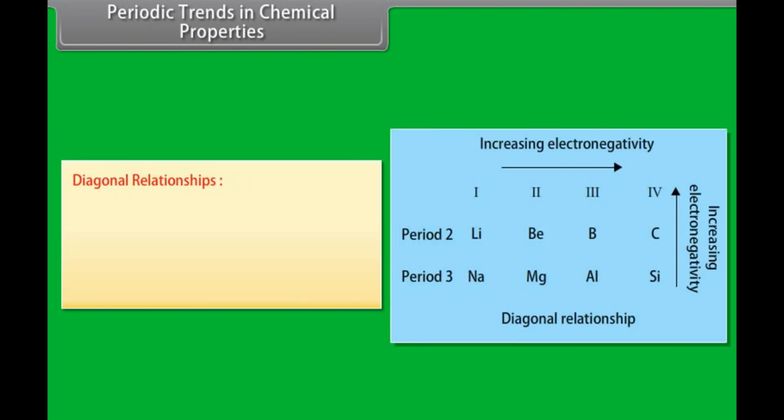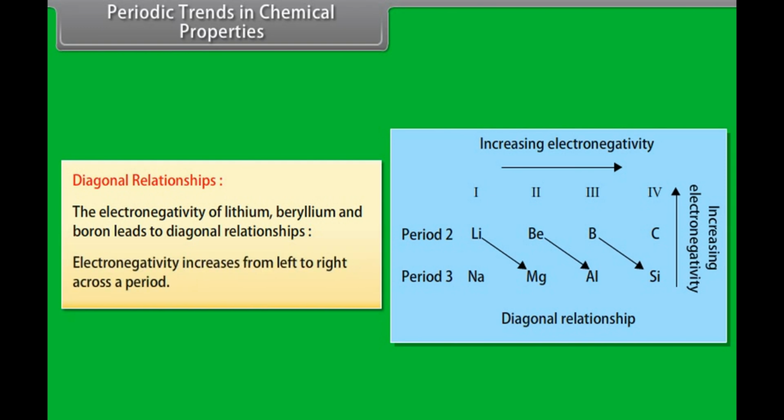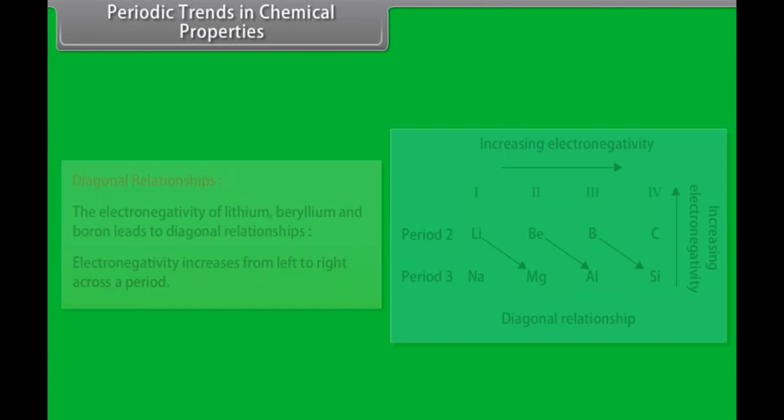Diagonal relationships. The electronegativity of lithium, beryllium and boron leads to diagonal relationships. Lithium is strikingly similar to magnesium, beryllium to aluminum, and boron to silicon. Electronegativity increases from left to right across a period.